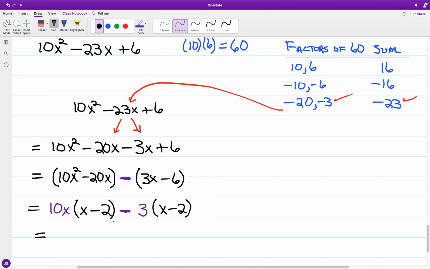And so for the factors here, notice from the groupings we have x minus 2 is common, and the other factor is going to stem from combining the terms outside. So you have 10x and negative 3.